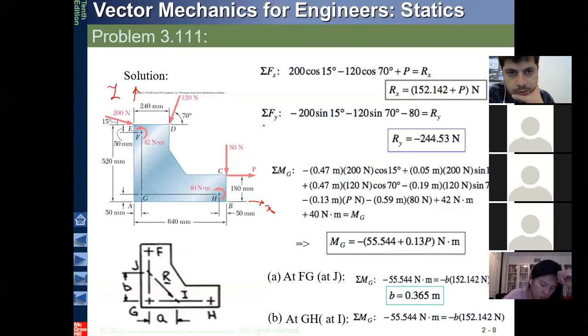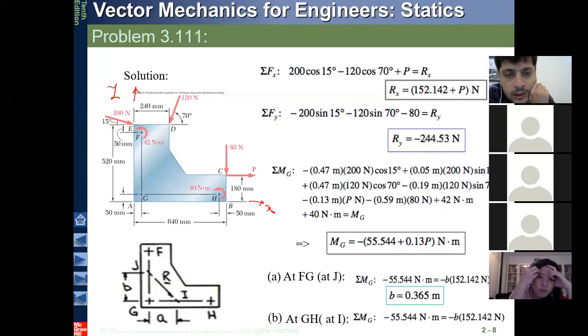And the resultant of the forces in the y direction would be minus 200 sine of 50, because it is in the minus y direction. And for this force minus 120 sine of 70 minus 80. This one is in the y direction, so we did not have any component in the x direction for this force. And you get the resultant of force in the y direction.